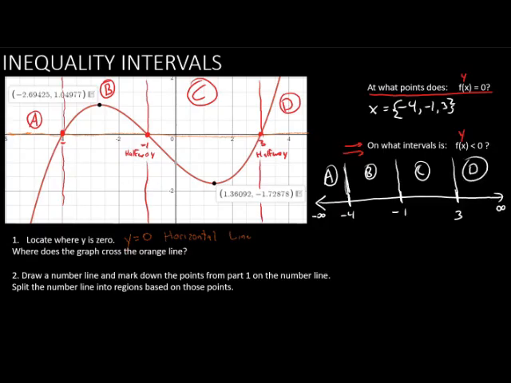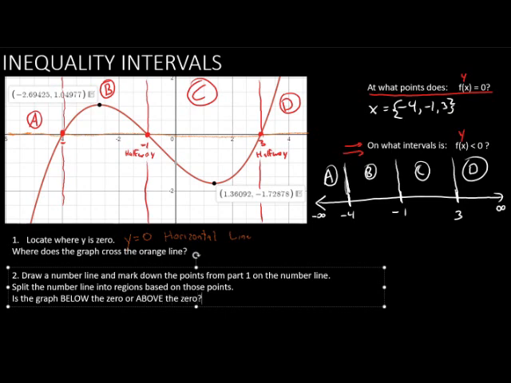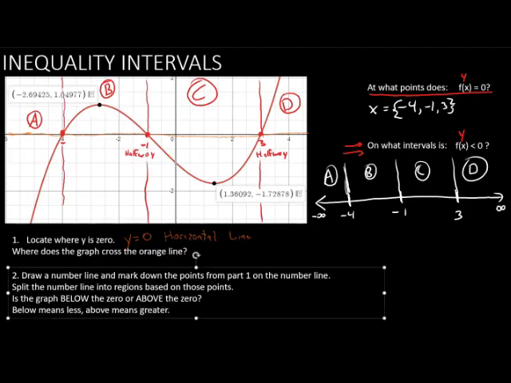The question we are trying to ask for each region is, is the graph below 0 or above 0? If the graph is below the 0, that means that would be less. By the same token, anytime your graph is above the 0, that would mean greater. You may notice that the condition we are trying to reach for this question is we're looking only for the less.